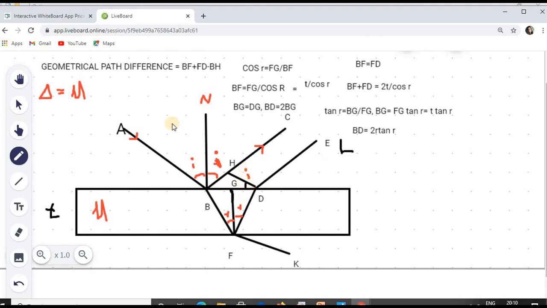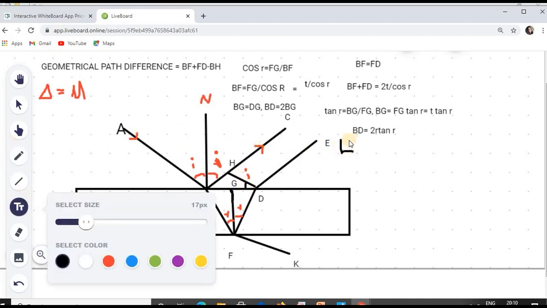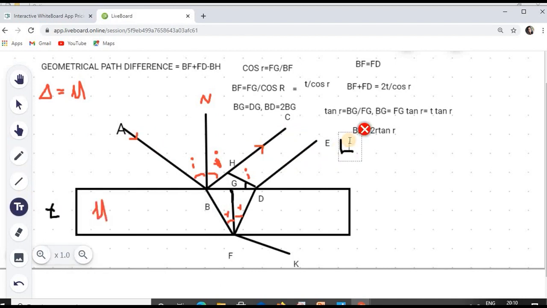From this I can write sin I is equal to BH by BD. That is, sin I is equal to opposite by hypotenuse, that is BH divided by BD.